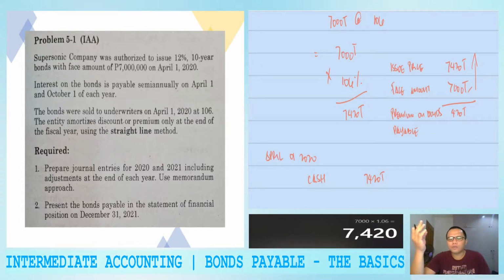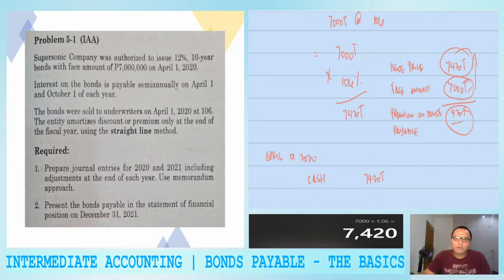In this particular transaction, in essence, the company, Supersonic Company, borrowed 7 million, but in return received 7,420,000. That is the easy way to understand it. The excess is your premium on bonds payable.